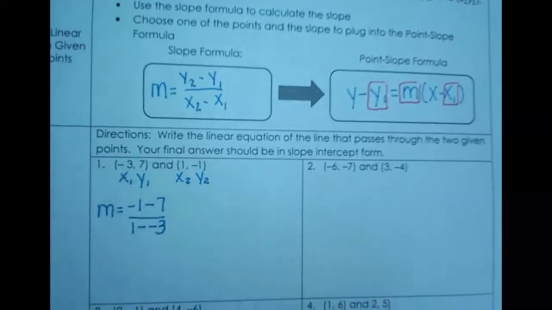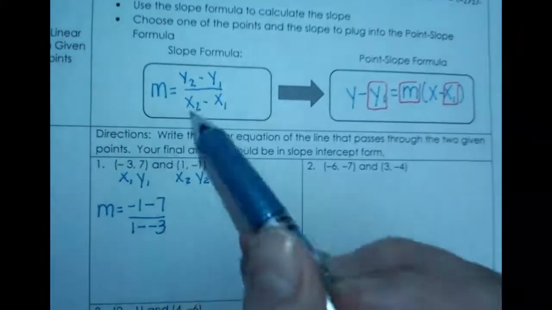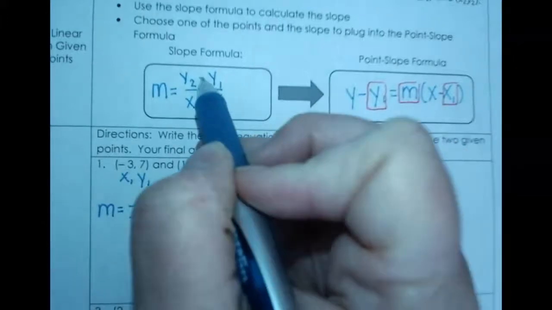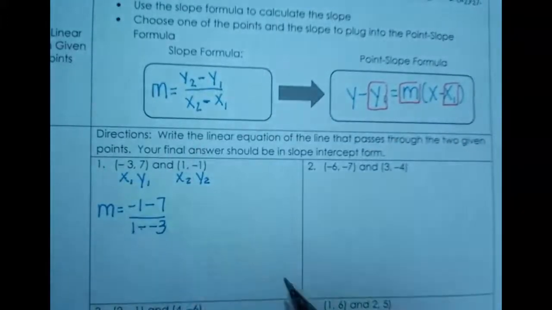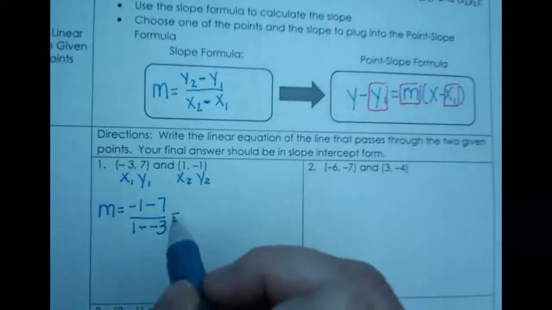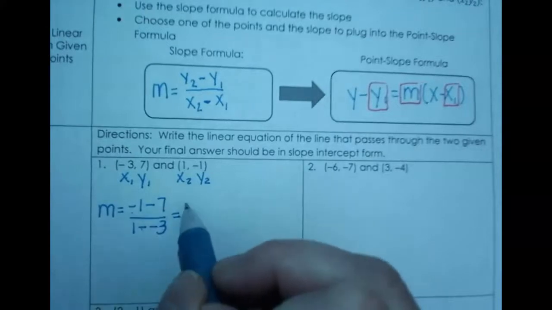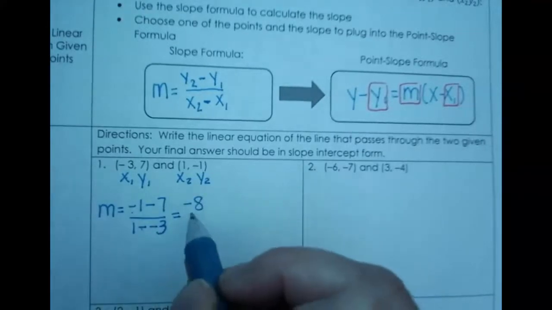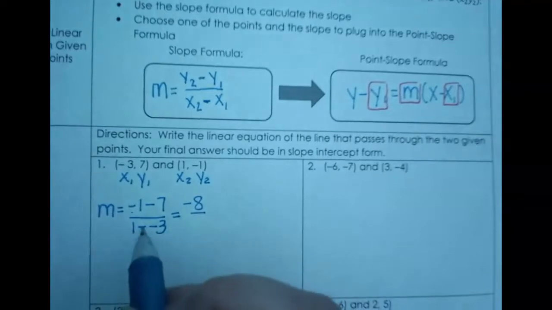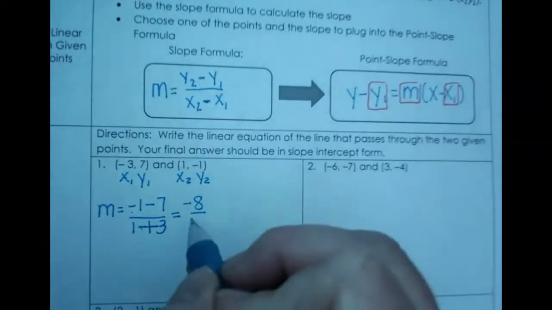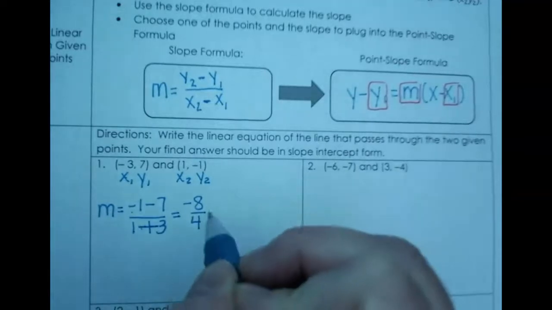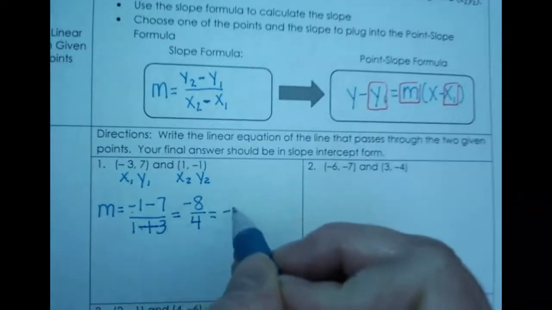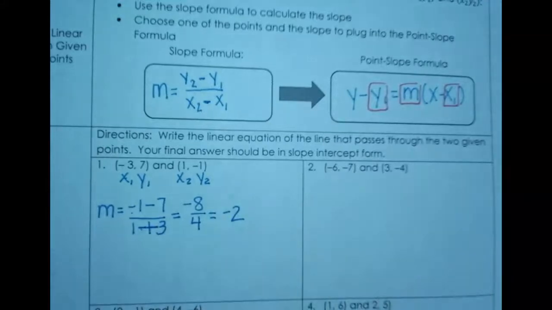We have to be real careful with those negatives because our formula says we're subtracting, so we're really subtracting a negative number there. So -1 minus 7 is -8, divided by -1 minus -3, which is really -1 plus 3, which is 4, and we can simplify that down to -2.